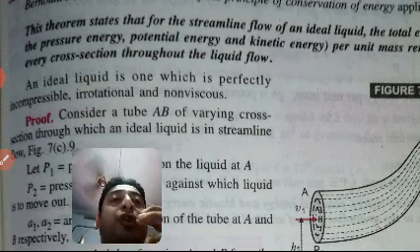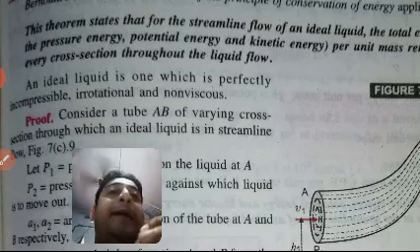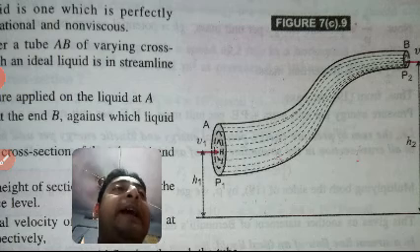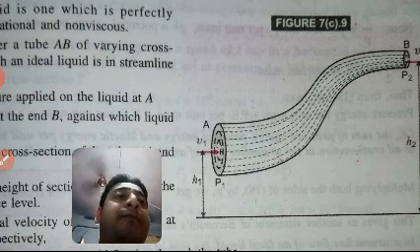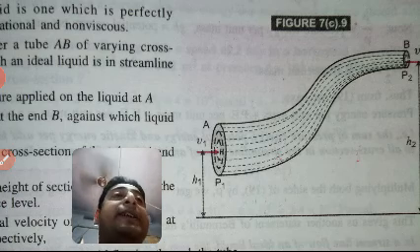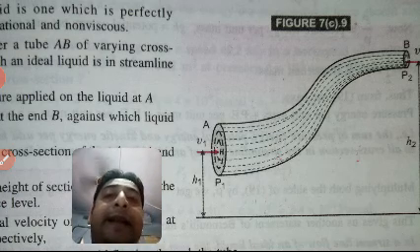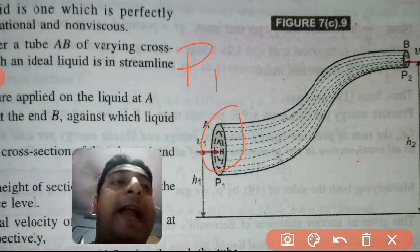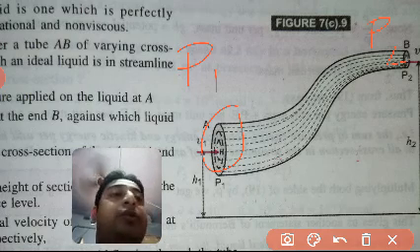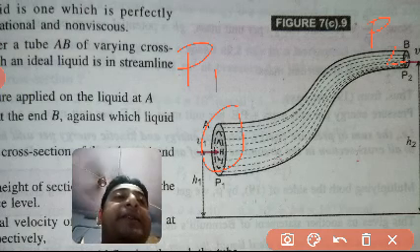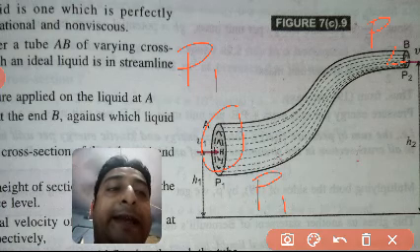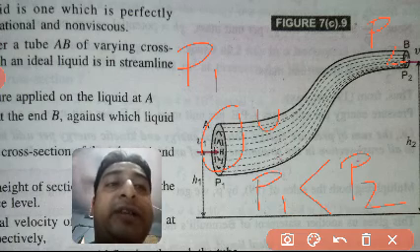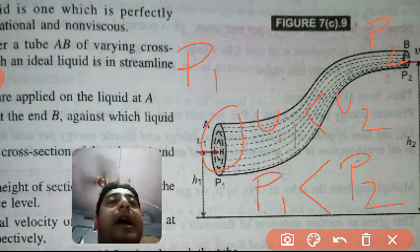Bernoulli's theorem actually wants to say that if any portion of a pipe, which is the carrier of the water, has higher pressure, suppose in one case the pressure is P1, and in this case the pressure is P2, so you can clearly say in which case the pressure will be more. The pressure will be more in case of P2. Since the pressure is more, the velocity will also be higher.